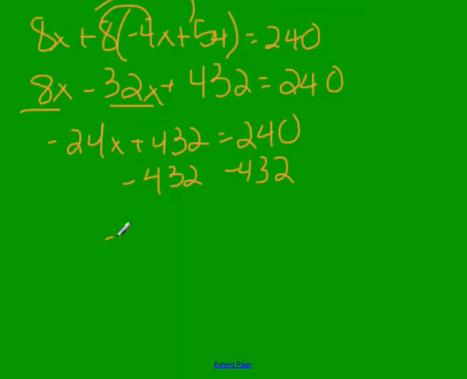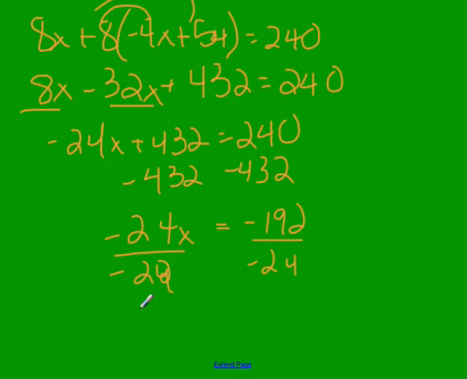And then you get negative 24x is equal to negative 192. And then we're going to divide both sides by a negative 24.